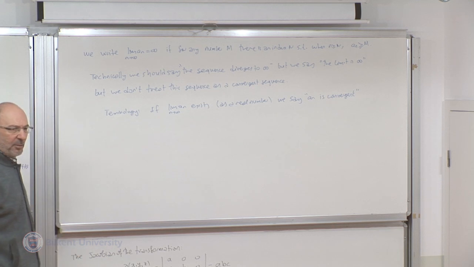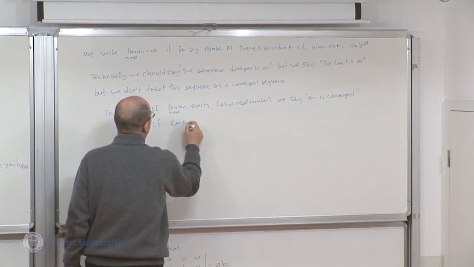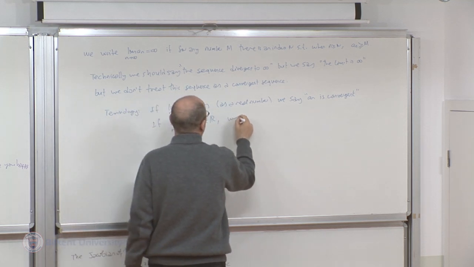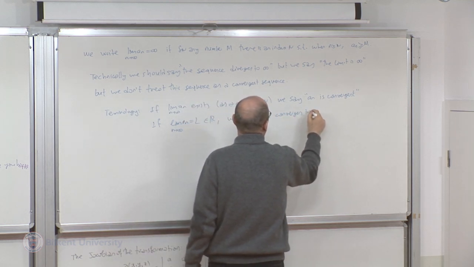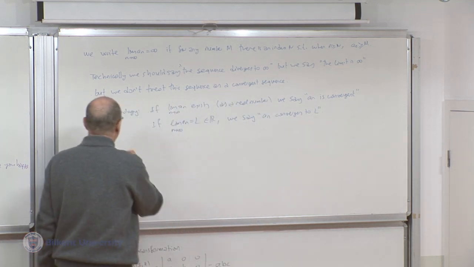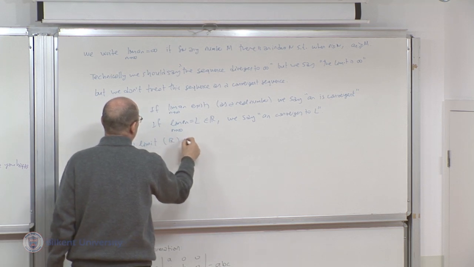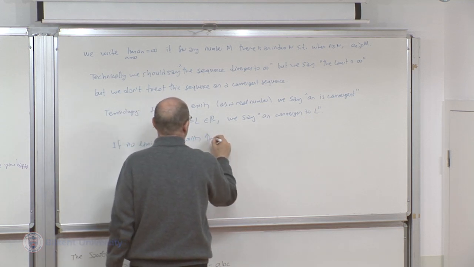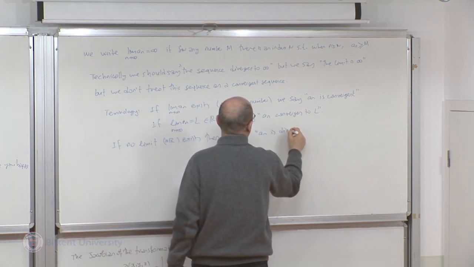Or if we know the limit, we say the sequence converges to L. If limit a_n as n goes to infinity equals L as a real number, we say a_n converges to L. If no limit exists as a real number, so in R, then we say a_n is divergent.